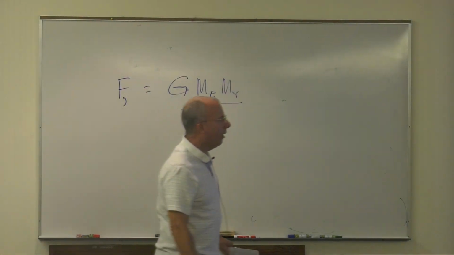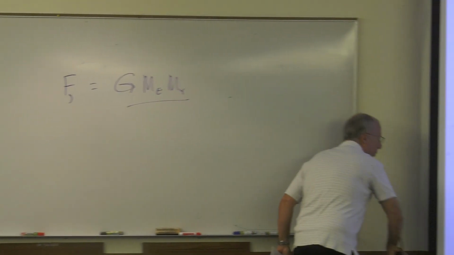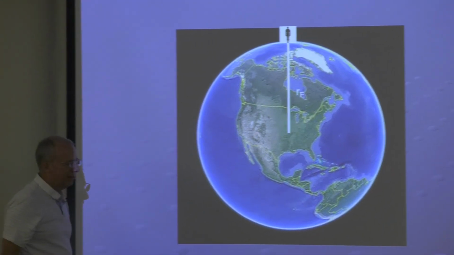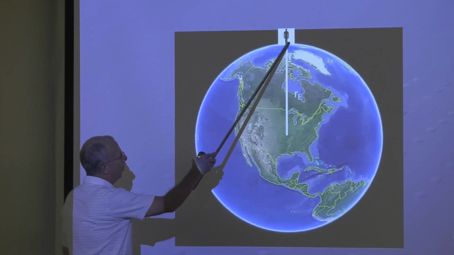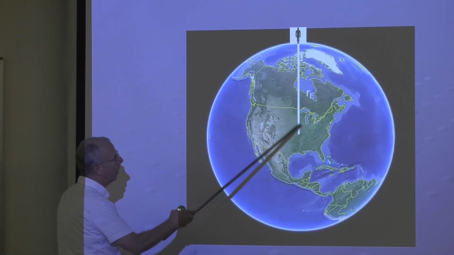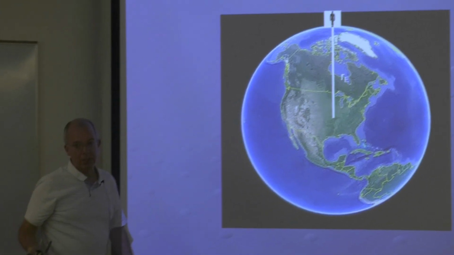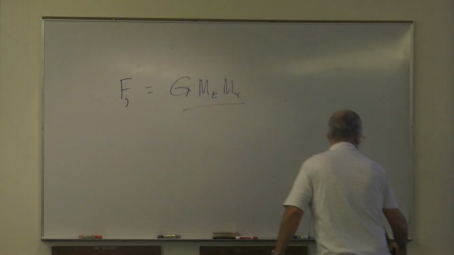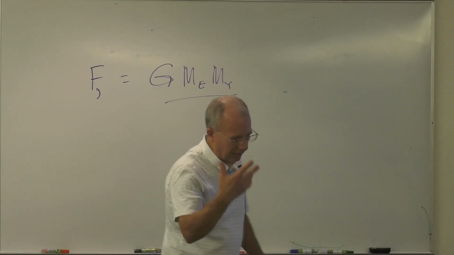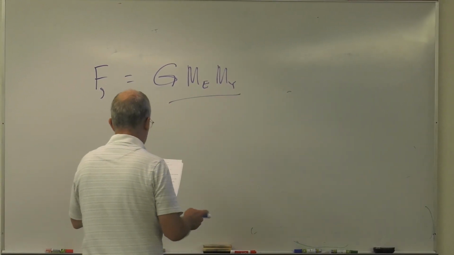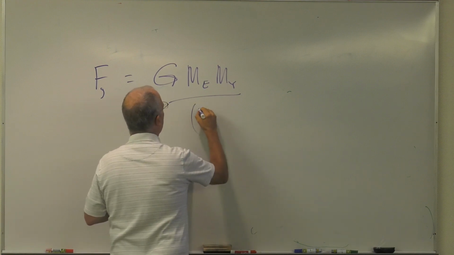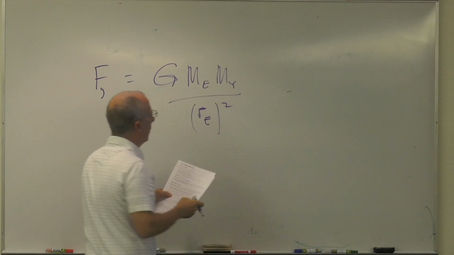Well, technically, it's the distance between the center of the Earth and the center of you, but it doesn't really matter if we go to your feet or to your center, because this is so large. So we'll just say it's the radius of the Earth, the distance from the center of the Earth approximately to the center of you. So the radius of the Earth, that's an R, squared, okay?